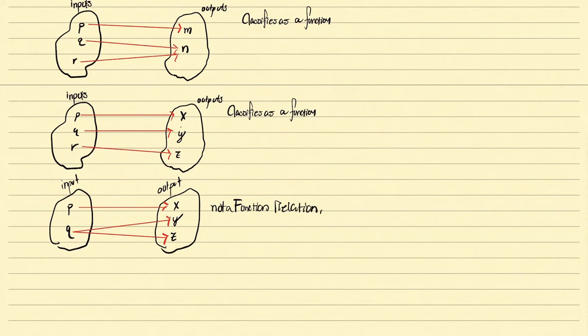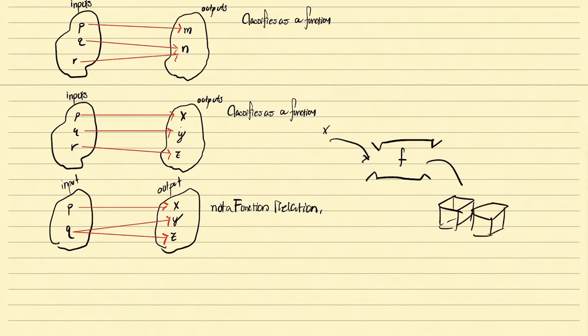Because if you think about it, say I had this machine again. So here's my machine F. And when I input X into it, I need the output to go into different types of bins. Right? This is like some type of factory machine. And we have different bins, X, Y, and Z. So it's going to go into one of these.